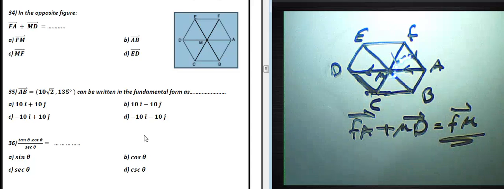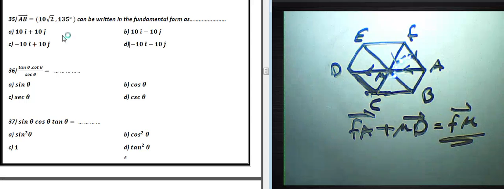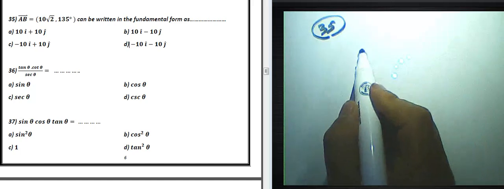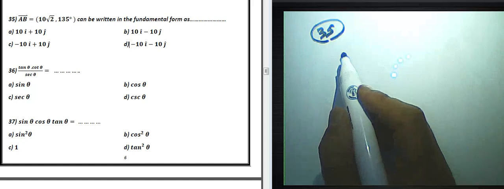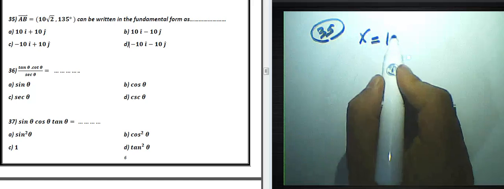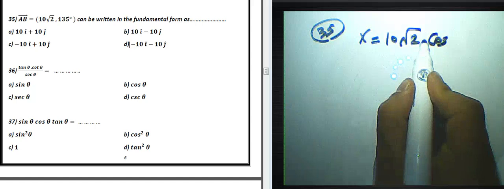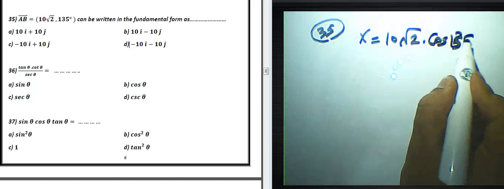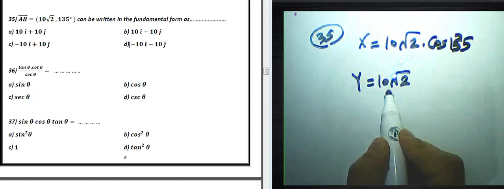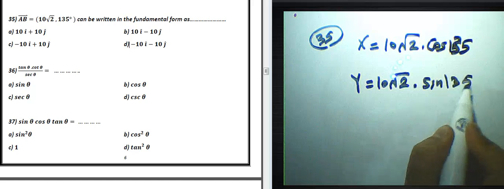Next, question 35. Vector AB equals 10 root 2 at 135 degrees can be written in fundamental form as what? We write x equals the magnitude 10 root 2 multiplied by cosine 135, and y equals the magnitude 10 root 2 multiplied by sine 135.